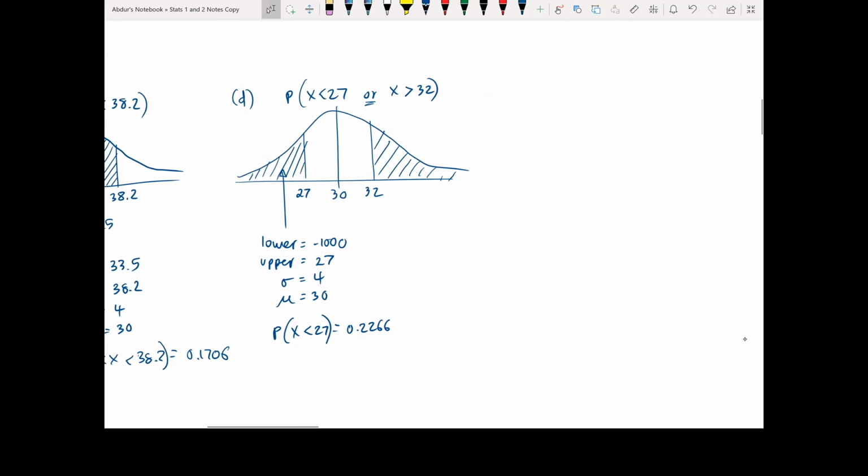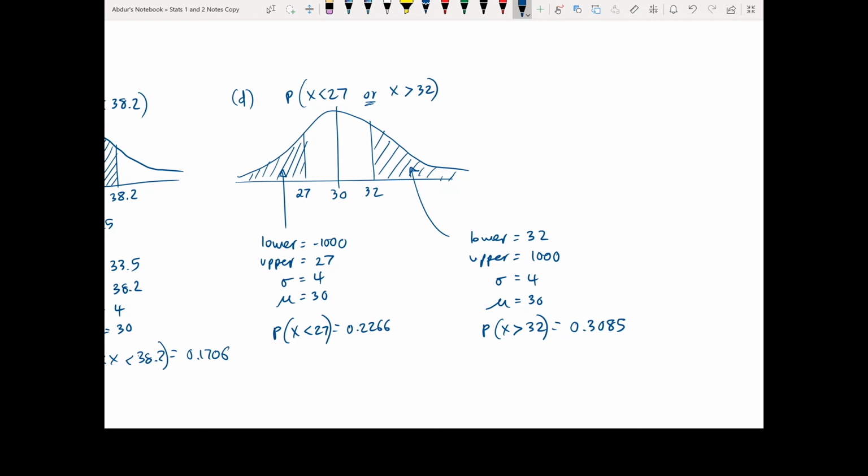We can then work out this probability here by using a lower value of 32, an upper value of a very large positive number, 1,000, sigma is still 4, mu is still 30, so the probability of x being greater than 32 is equal to 0.3085.